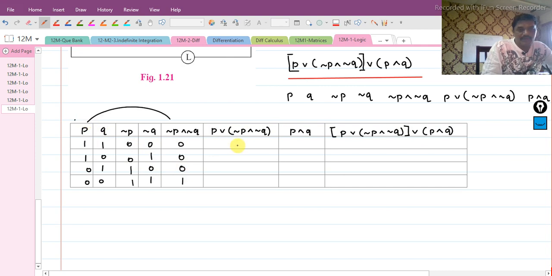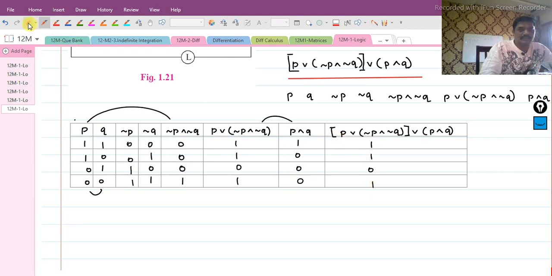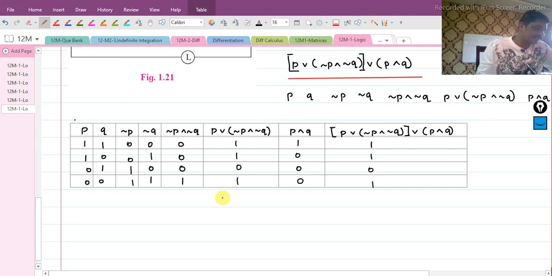ORing of these two gives 1 1 0 1. ANDing of these two gives 1 0 0 0. And ORing of these two, this is 1 1 0 1. Is that clear? And that's the answer. Any doubts about that? I hope this is clear to all.